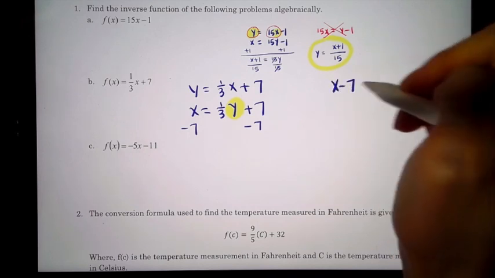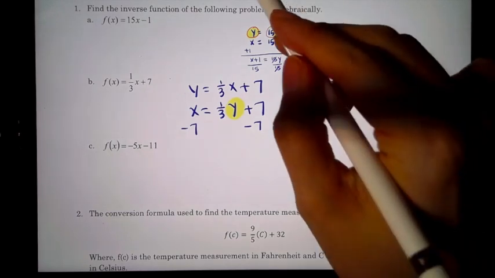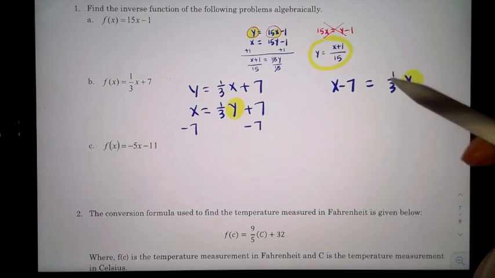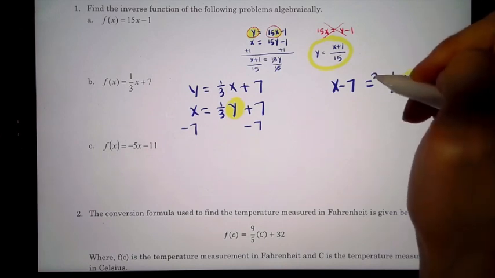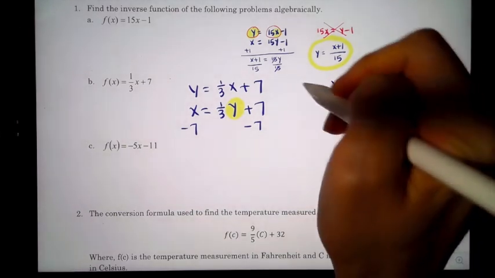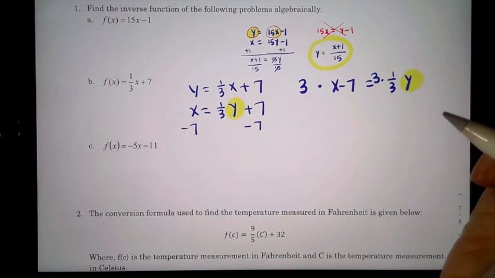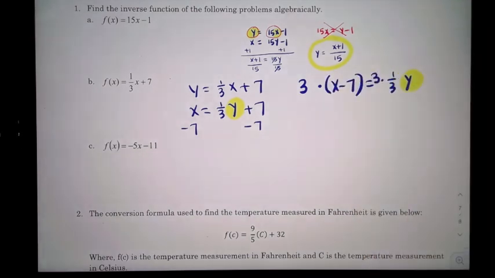I'll write it over here: x minus 7 equals 1 over 3y, and I want to get y only, so you need to get rid of this 1 over 3. So let's multiply by 3, to the left and the right side. So don't forget your parentheses for that.